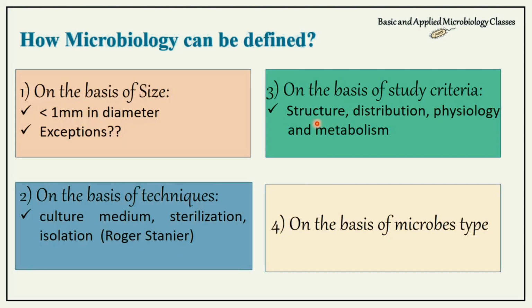And the fourth definition, which I covered earlier in the form of microbe types: microbiology can be defined as the branch of biology which includes the study of various types of microbes like bacteria, fungi, algae, protozoa, nematodes, helminths and viruses. So whichever of these definitions you find easier, you can choose it to define microbiology.